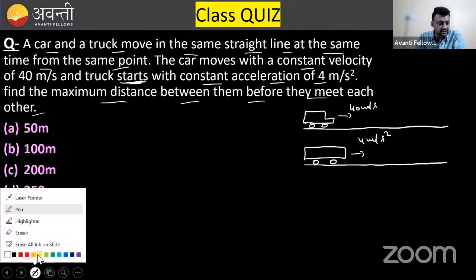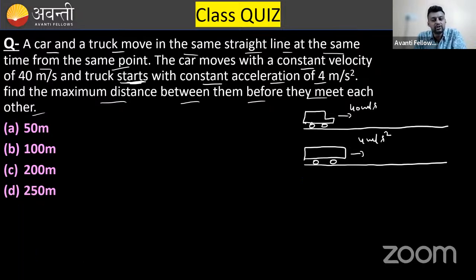For that, you need to understand why there is a maximum separation. Initially, just listen to me and try to understand the situation. Initially, the truck has 0 velocity and the car has some velocity, 40 meter per second. But the truck is accelerating. Its speed is increasing.